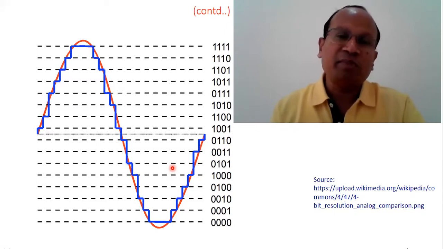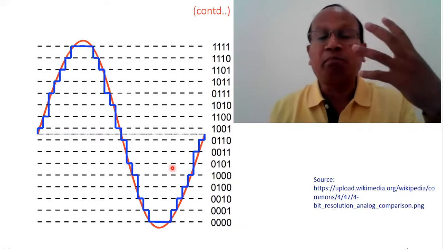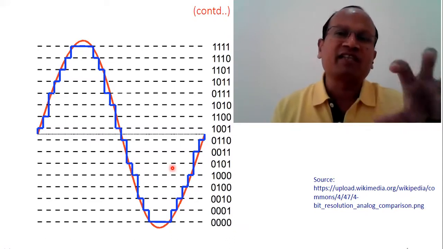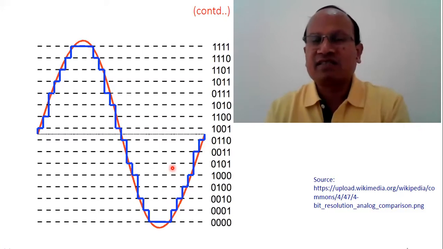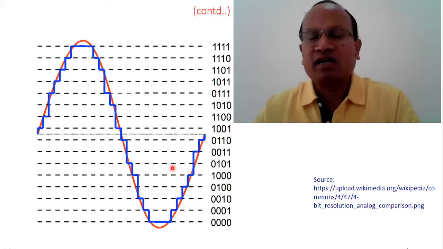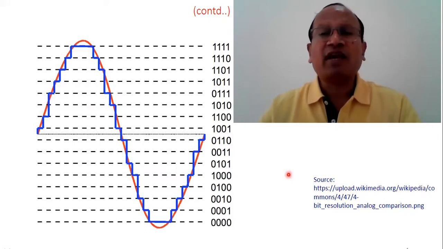The number of bits becomes very high, and therefore the bandwidth requirement is high. Bandwidth requirement becomes an important factor, because we know that bandwidth is an expensive factor in a communication system or anywhere.